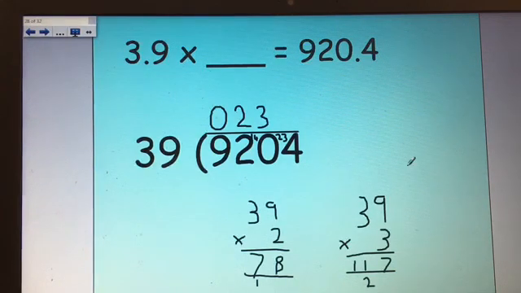So how many times is 39 going into 234? Well, let's have a little estimate. 39 is close to 40. I'm going to count up in 40s. 40, 80, 120, 160, 200, 240. 6 times 40 is 240. That's a little bit less than 40 than 234. I'm going to go for 6.